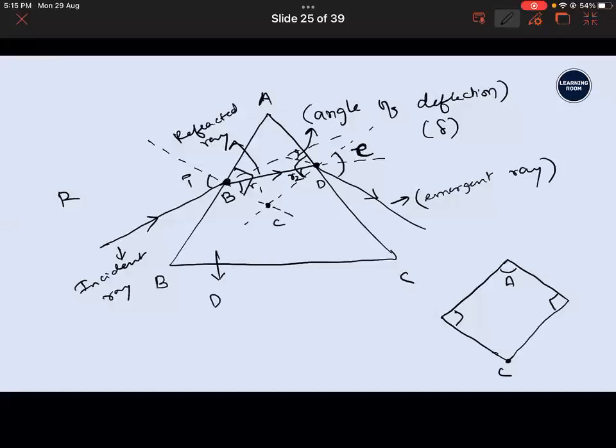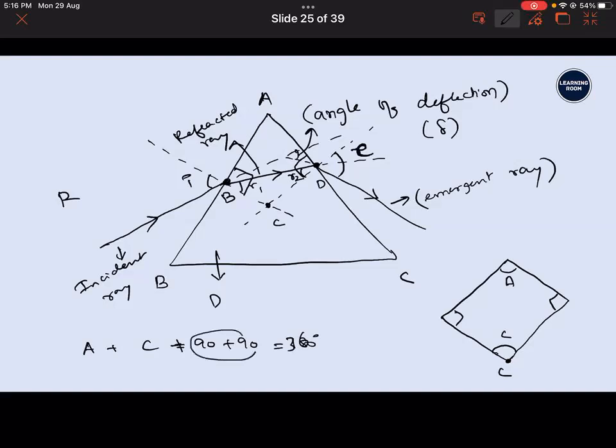If I take this angle to be C, then A plus C plus 90 plus 90 is going to give us 360 degrees. So 180 is gone from here, and if it goes to the other side, A plus C will be equal to 180, which implies C will be equal to 180 minus A. Let this be equation number 1.